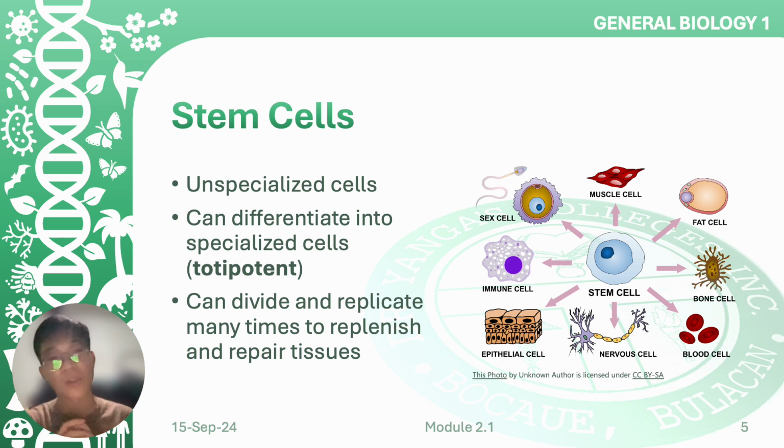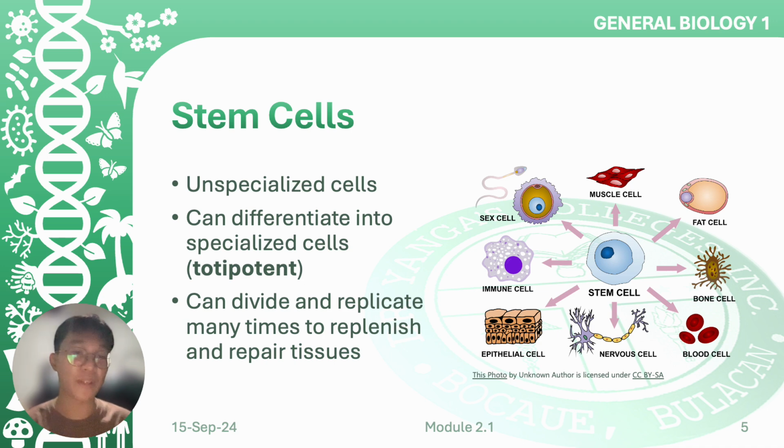This basically means that this cell has the capability of becoming any type of cell. For example, a stem cell can become a future blood cell, or a future brain cell, or a future sperm cell, or any other cell in the body. But if you are fated to become a different cell, you can no longer go back.